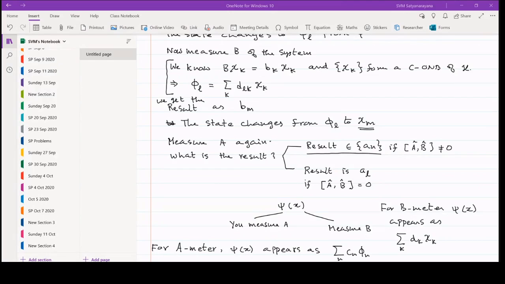Okay, sir. So we expressed the wave function with e to the power i by h bar with the energy eigenstates of the system. So can we find the time evolution with the momentum eigenstates or the position eigenstates in the same way? Can we do that?